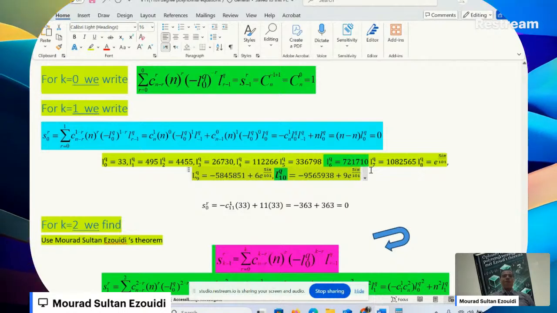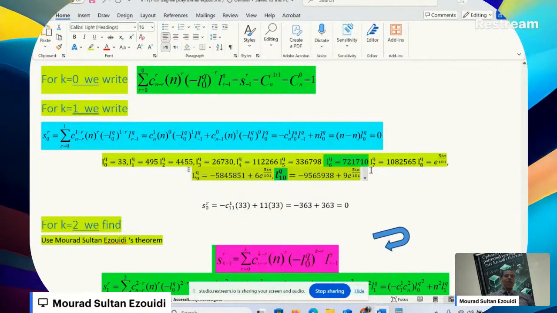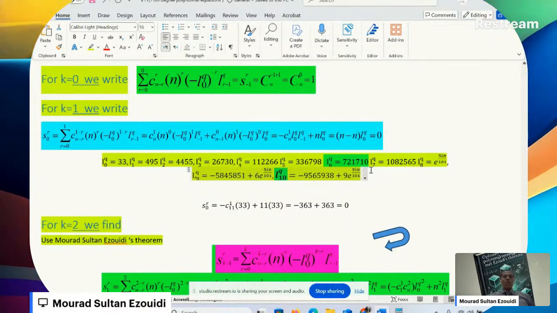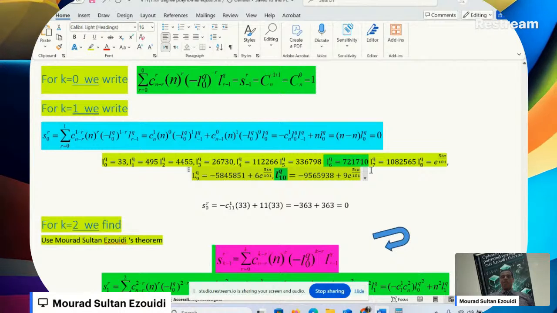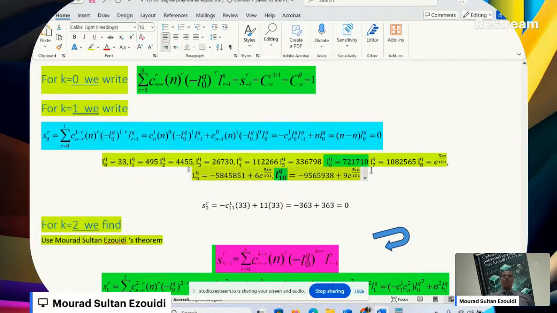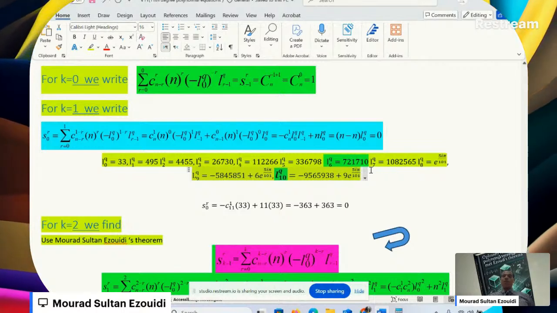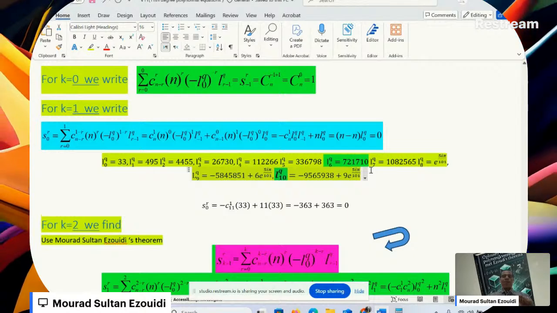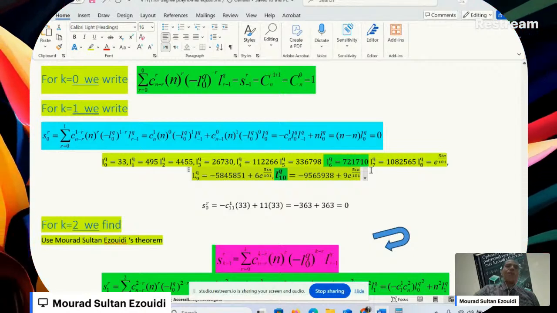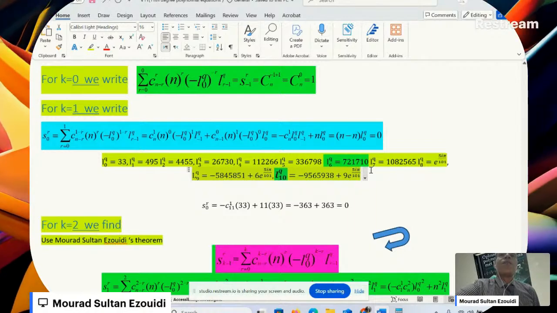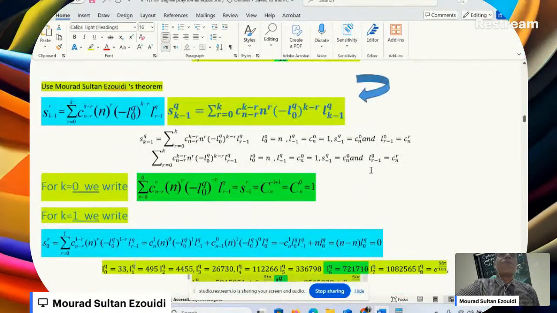Okay, now we continue. Let's dive into the structure and set k equal 2 in order to find S1. S1 will give you exactly the correct coefficient of your 11 degree from the equation. You don't have another pathway. You should apply this theorem and you will figure out the coefficient of this new 11 degree from the equation.